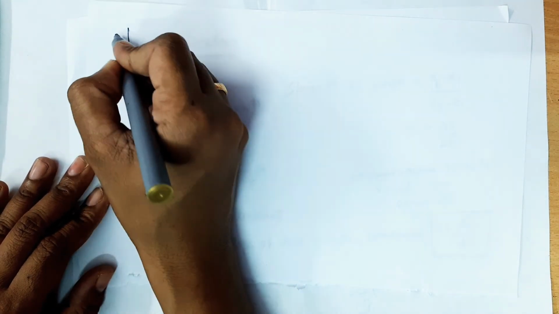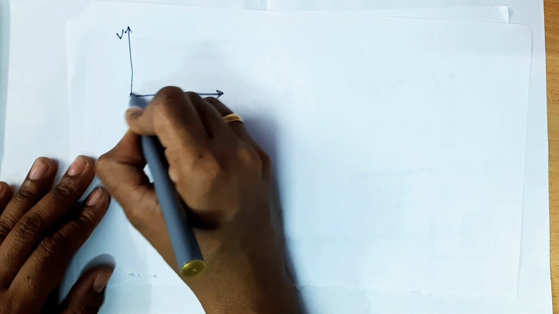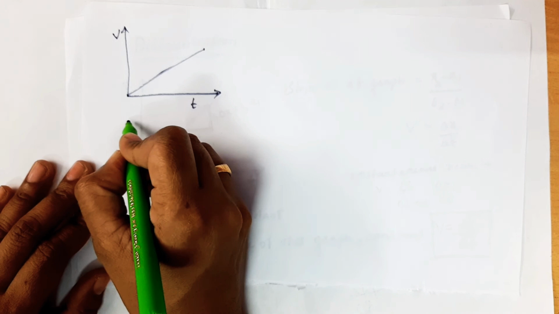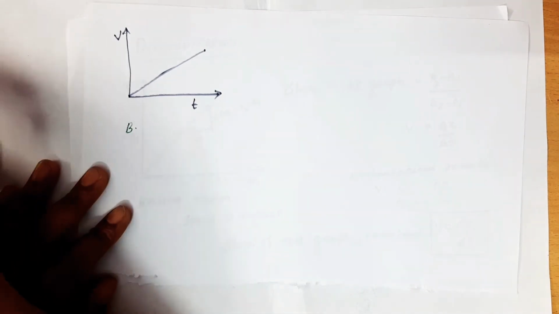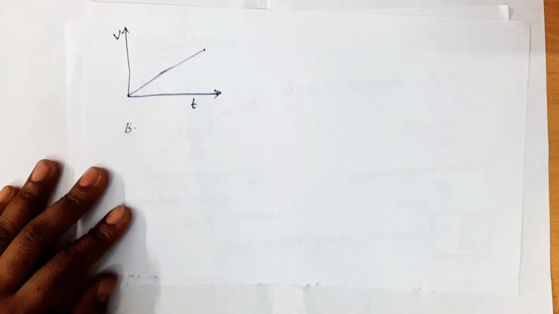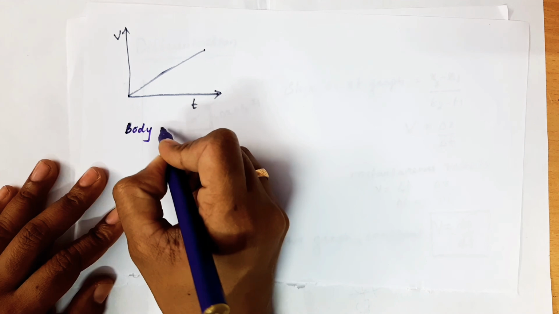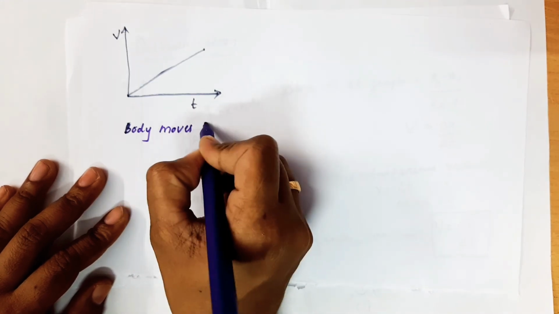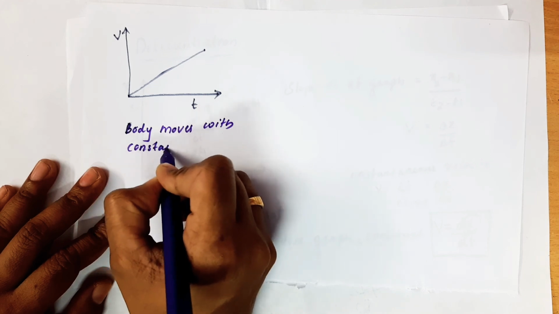Same like that, if you draw a v-t graph, you know that if it is a straight line, the meaning is the body moves with constant acceleration.